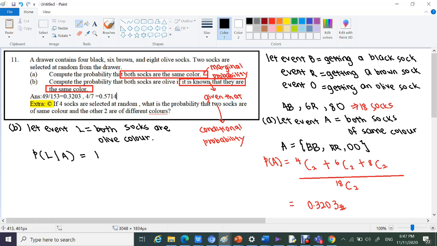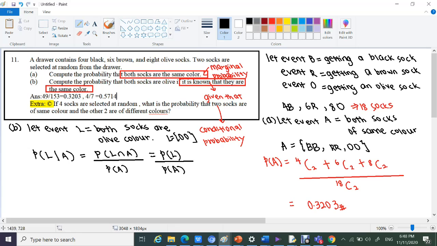In this case, it will be P of L intersect A divided by P of A. What will be L? Our sample space for L will just be O. So L intersect A will just be the probability of L, divided by P of A.